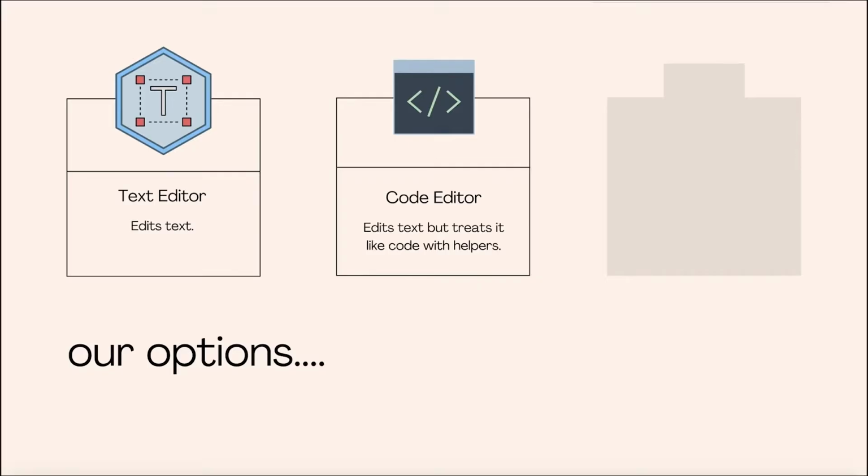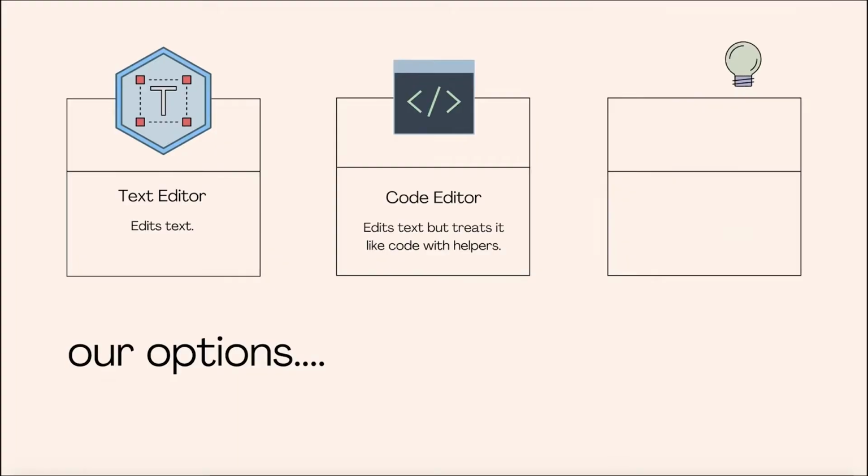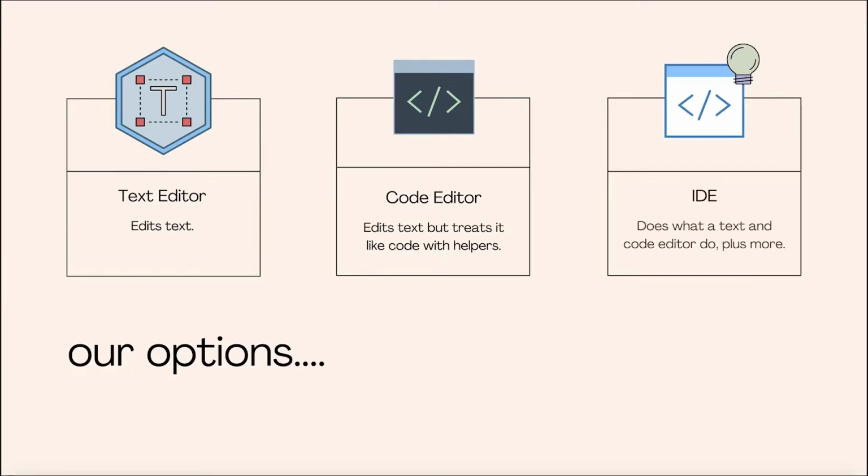There are so many code editors out there. Some are hosted on your computer and some you can access online, meaning you don't have to download anything. You can just use it. It is also worth noting that a step up from a code editor is an IDE, or Integrated Development Environment.